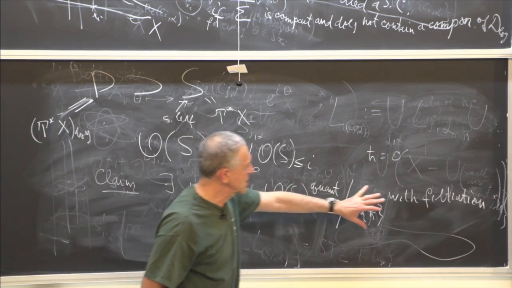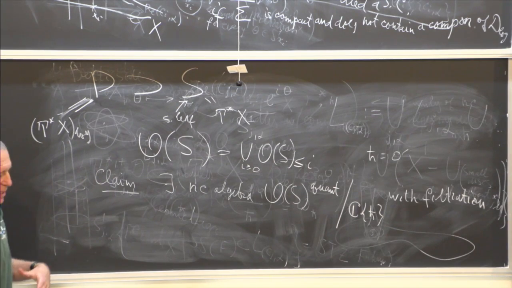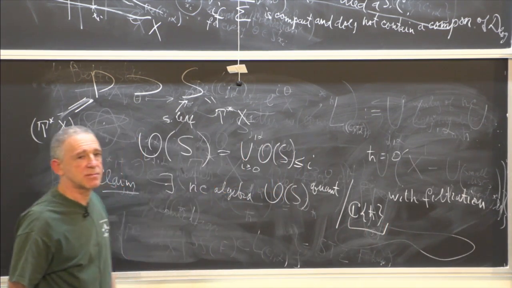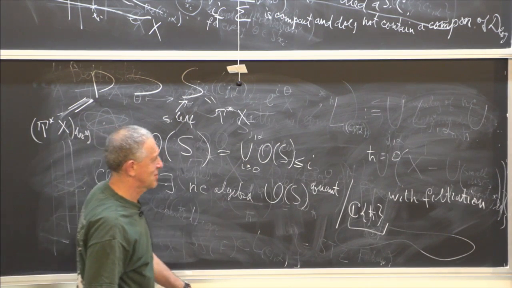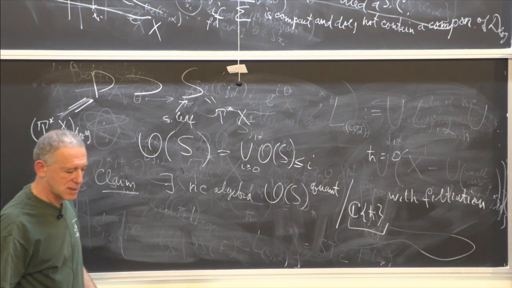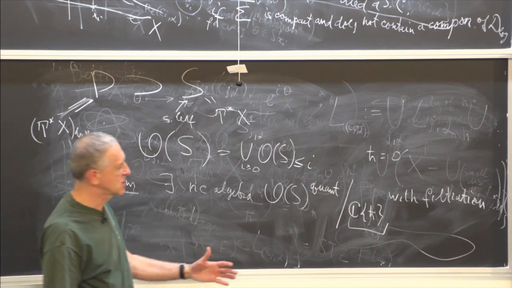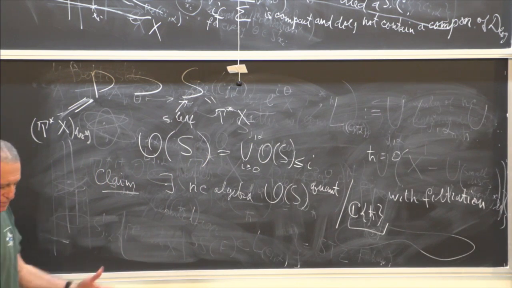The filtration of this non-commutative algebra is a filtration by free modules over this ring, which is not a field, and it splits.